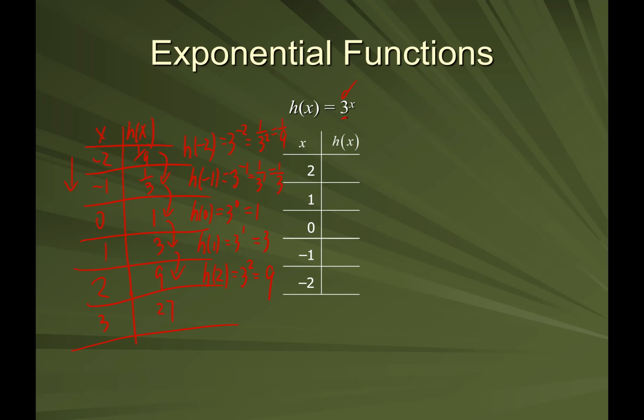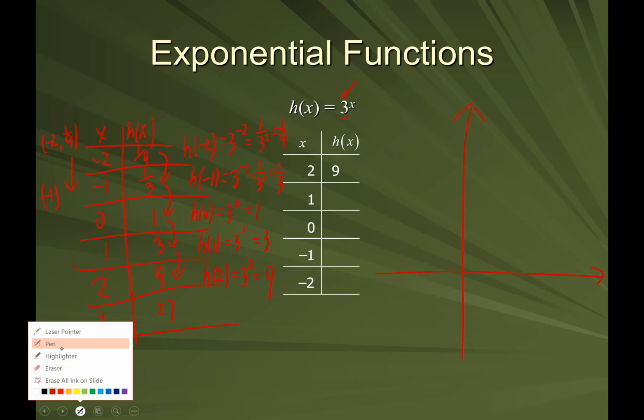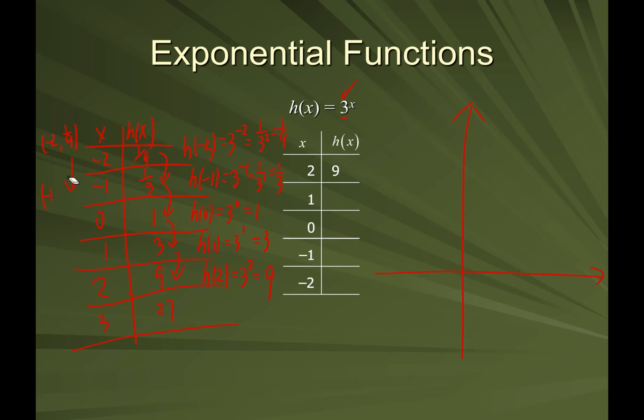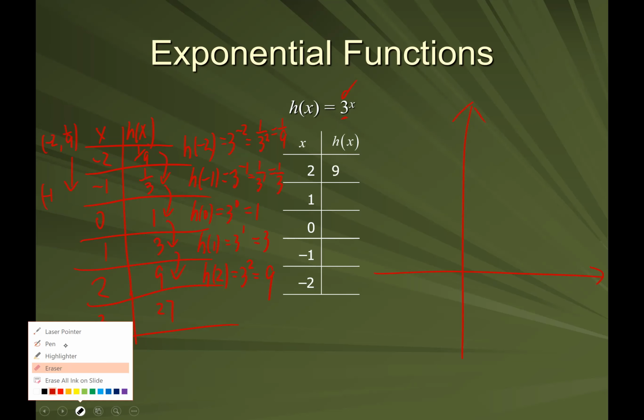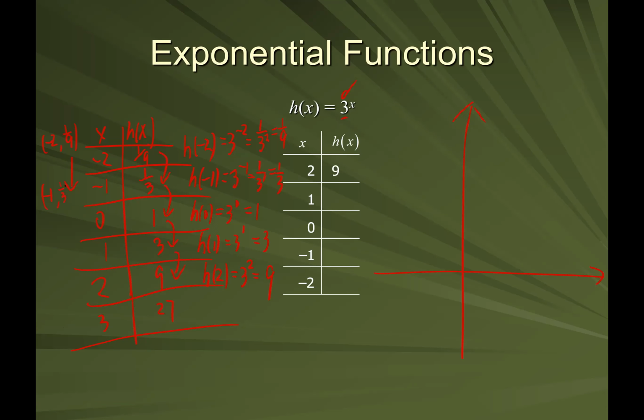So in terms of graphing this, we could just quickly graph this, right? Using 5 ordered pairs. So the ordered pairs are -2, 1/9, -1, 1/3, 0, 1, 1, 3, and then 2, 9.